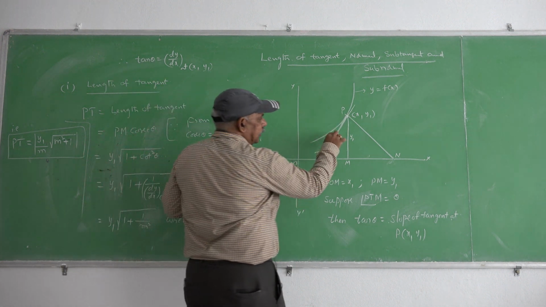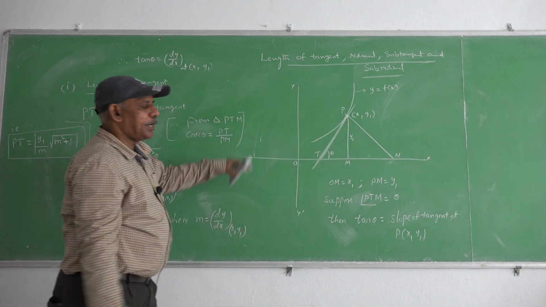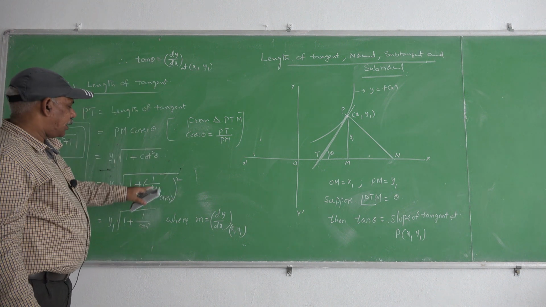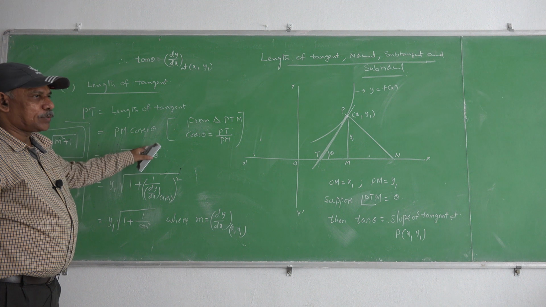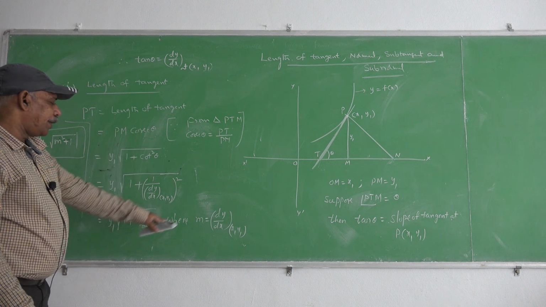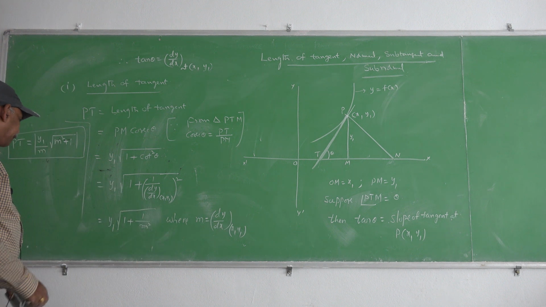To get this length, I am taking cosec theta from this triangle PTM. Cosec theta you can write in terms of tan theta as the square root of 1 plus 1 by tan square theta, that means 1 plus 1 by m square, where m is the derivative of the function which gives us the slope of the tangent.